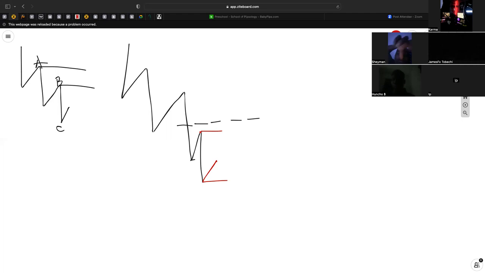So being an incomplete pullback, what does that mean? I want you guys to listen attentively. It simply means that if you want to count this structure, instead of counting it like this, high, low, high, low, high, low, this is totally wrong, because this one has not fulfilled its purpose as a retracement. So what does that tell you?